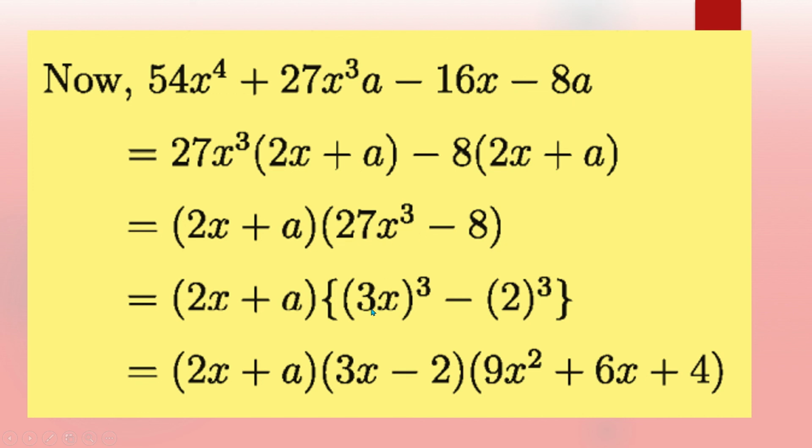This means 3x whole cube, b means 2, and here is cube. A cube minus b cube means a minus b into a square plus ab plus b square. A square means 3x whole square, that means 9x square, plus ab, 3x into 2 means 6x, plus b square, b means 2, 2 square means 4. This is the required answer.